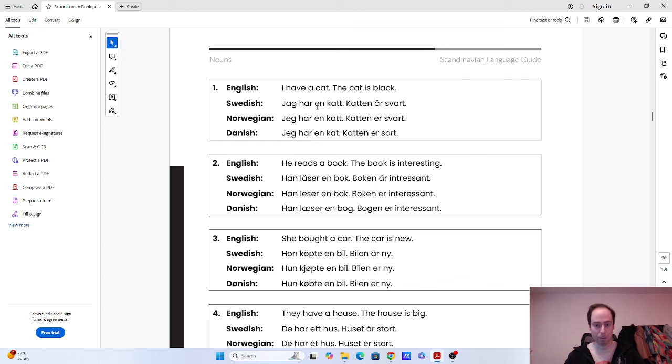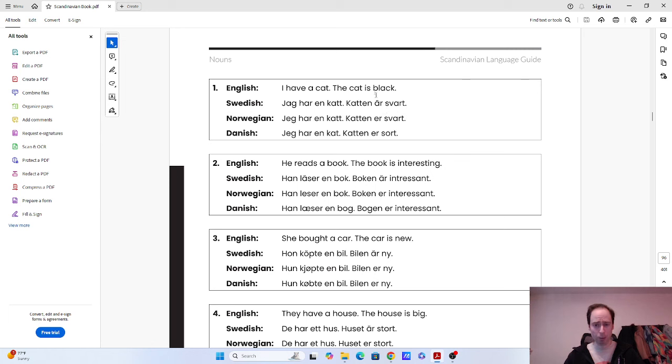Then we have en, which is a, and then we have kat, which is spelled with a double T in Swedish and Norwegian, and a single T in Danish. So the spelling is a little bit different, but basically we have the same words here. Now, here's something interesting: if you look at the word black, you'll see it's the same for Swedish and Norwegian, but different for Danish.